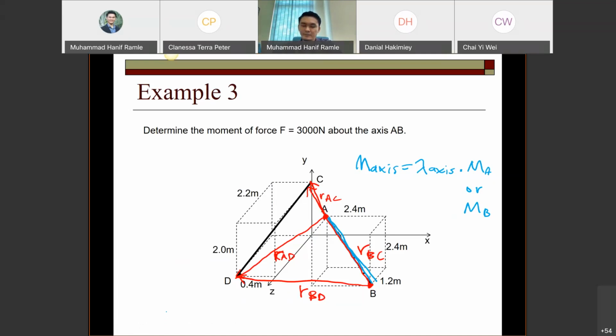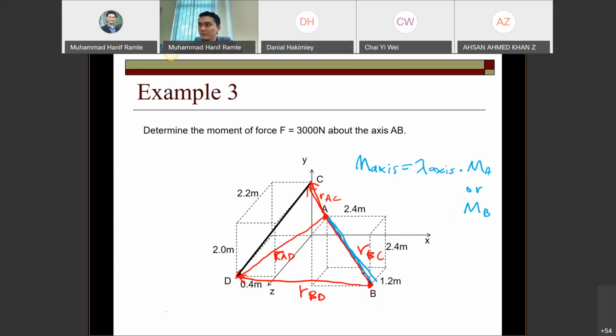Someone, please. Three, is it three? No, it must be in terms of i, j, k form. In 3D, this is 3D. Yes, correct. The answer is 2j plus 1.2k. Don't refer to the lecture note first. I want to test you. I want to have two-way communication.